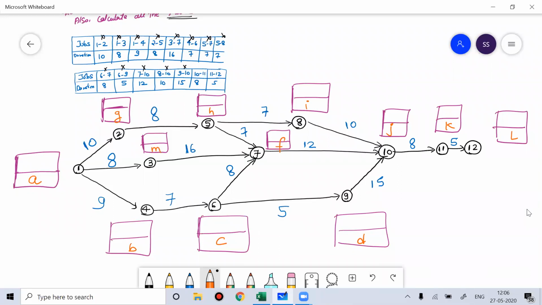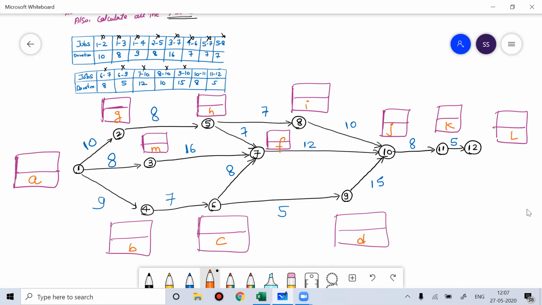To fill that bottom part of the data, I'm going to use a method called forward pass calculation. I'm going to calculate the bottom part of the data at every node, which is called the earliest start time. I just want to know how early you can start the work and reach the end.